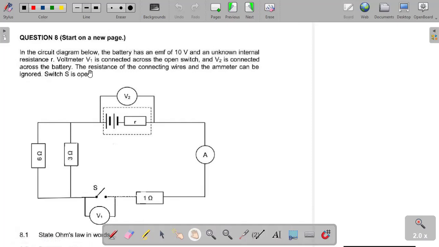Then I say the resistance of the connecting wires and the ammeter can be ignored, and then switch S is open. So switch S is open originally.